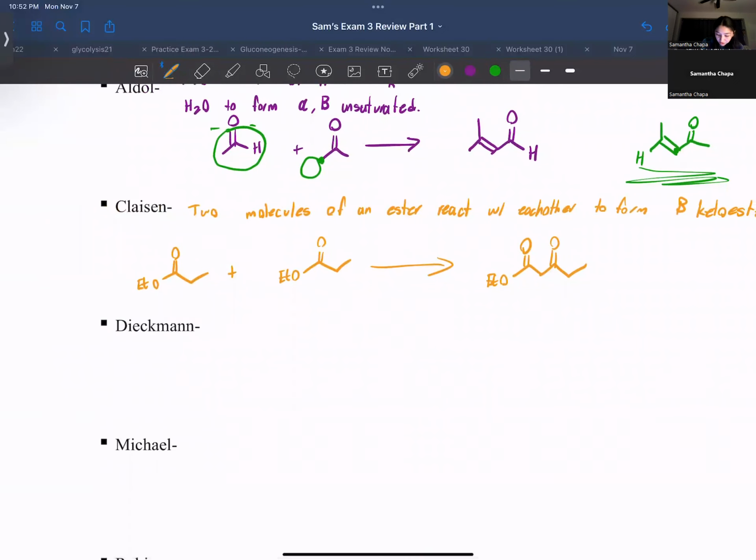All that I did here was keep one of them the same. It has a total of 3 carbons. Here again, we're talking about enolate, so we're deprotonating the alpha carbon. The alpha hydrogen on this one is this hydrogen right here. Okay, so then, let me erase everything.